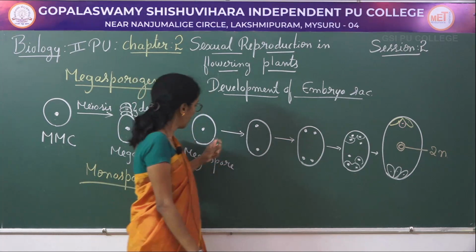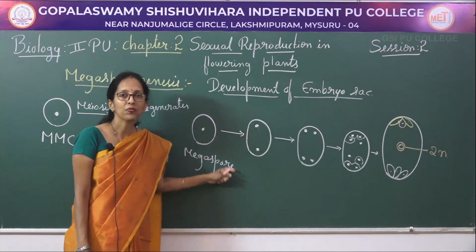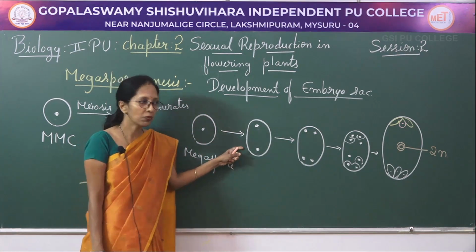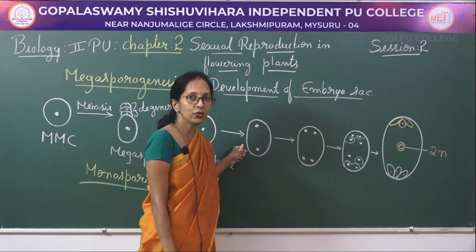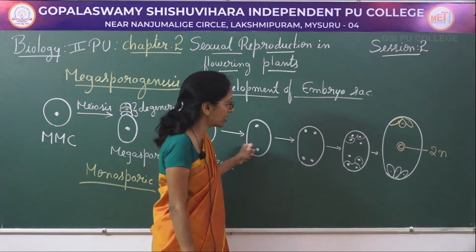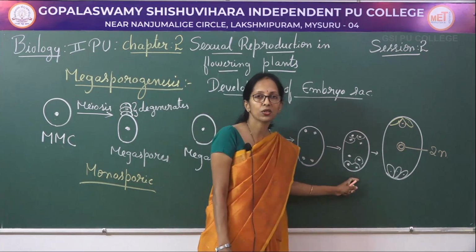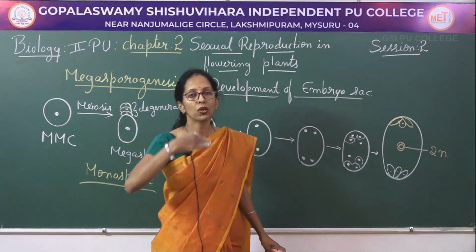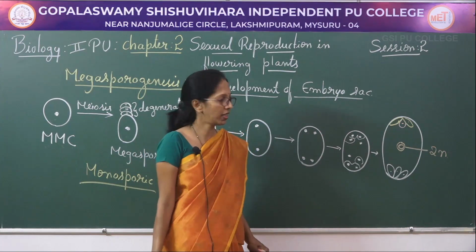So here this megaspore undergoes sequential free nuclear mitotic division, which results in the formation of upper 4 nuclei and basal 4 nuclei.